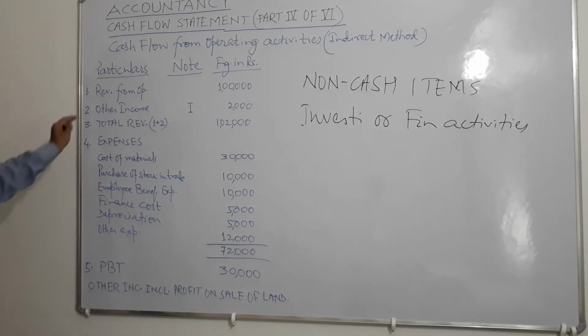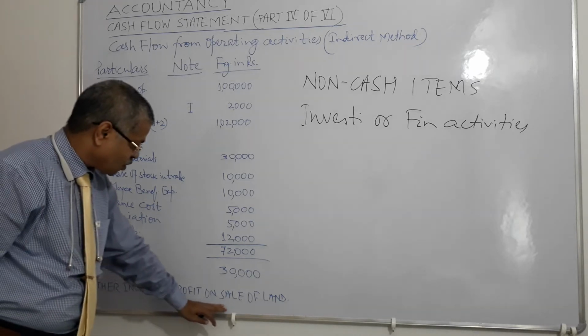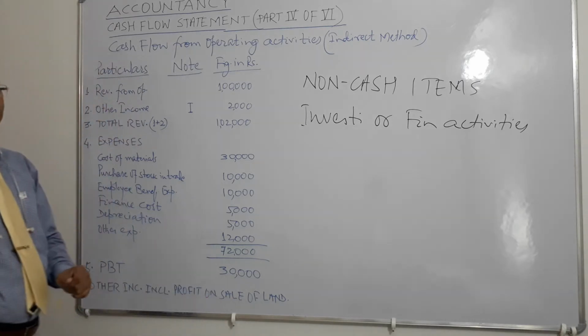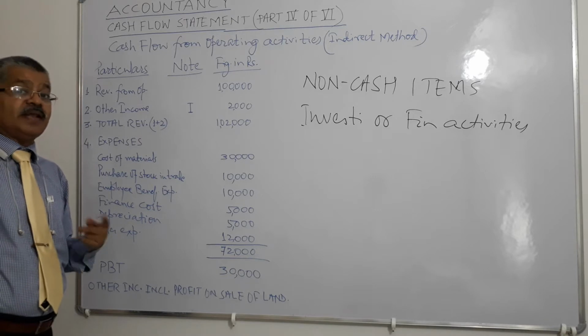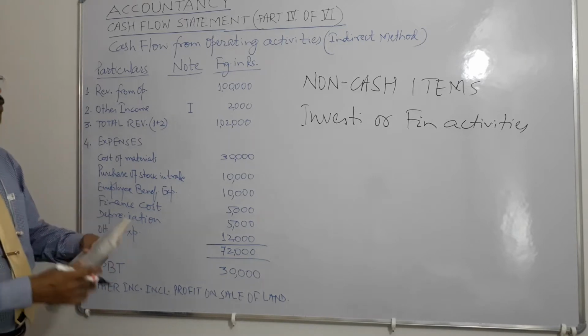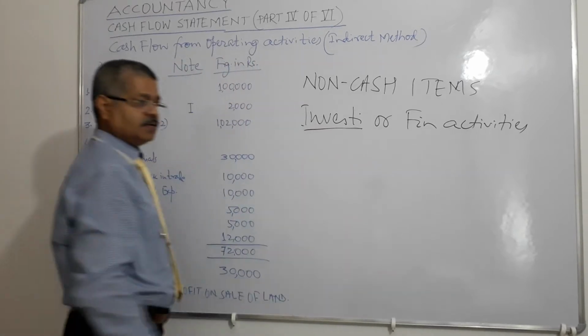But we need to take care of other income by way of note. Other income includes profit on sale of land. So we know what is profit on sale of land. It is on account of investing activity.